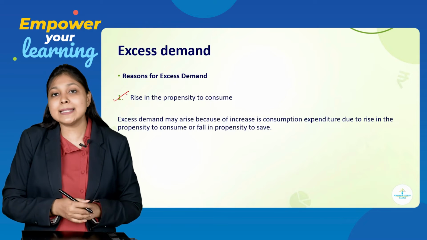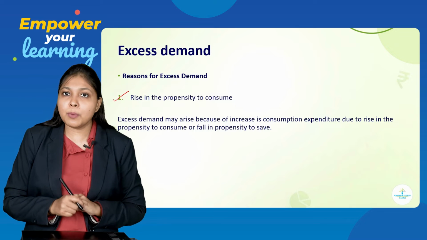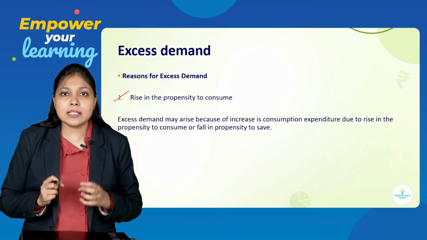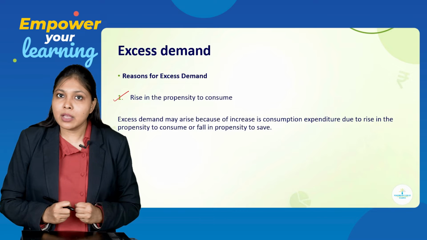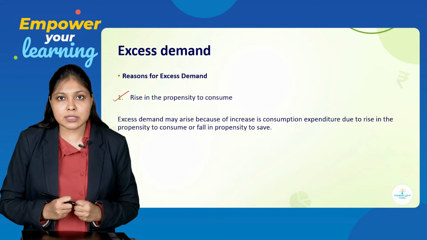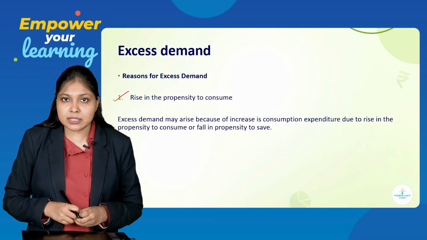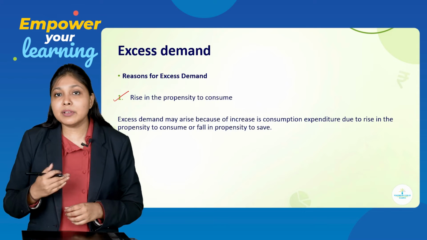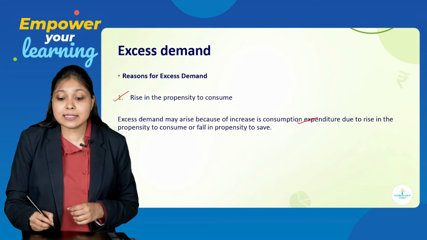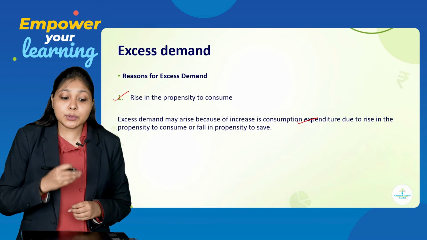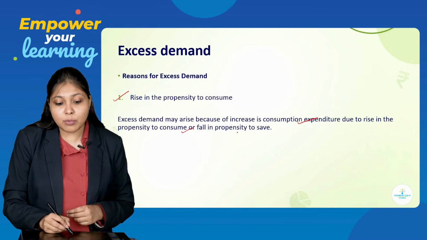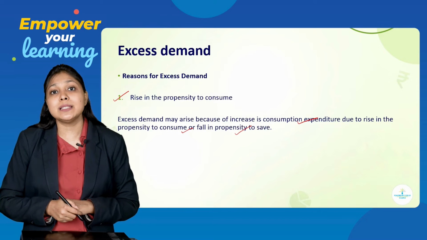First, rise in propensity to consume. We know what propensity to consume is. It is the tendency to consume of the consumers, how much proportion of their income they will be consuming. So excess demand will rise because there is an increase in consumption expenditure due to a rise in propensity to consume or a fall in propensity to save.